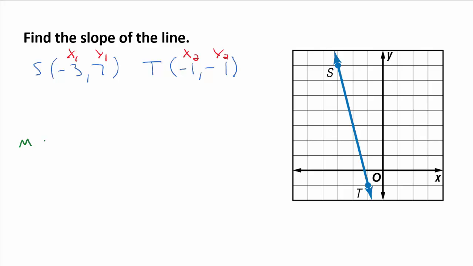So m is going to equal our y2, which is -1, minus y1, which is 7, over -1, which is our x2, minus a -3. -1 minus 7 is going to be -8. -1 minus a -3, which is going to be -1 plus 3, is going to be 2. -8 divided by 2, our slope is going to be -4. And again, we see that our slope is a negative slope.